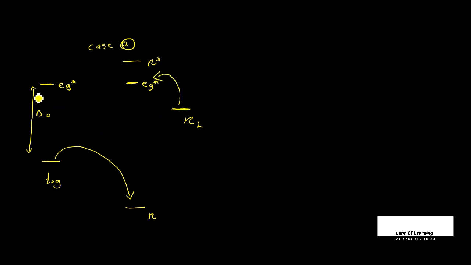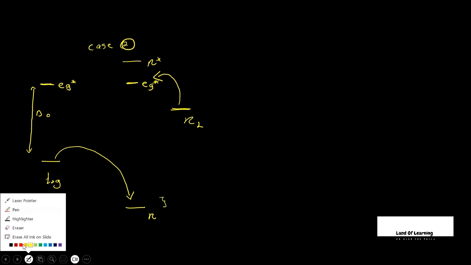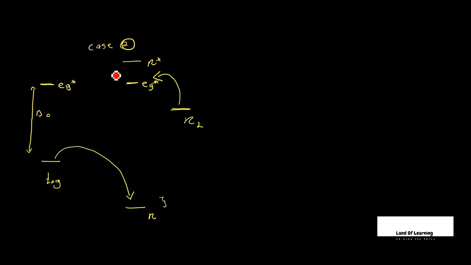So now look at this. The delta O separation is based on the eg star and the metal center's electron density, right? So now here we have our metal center electron density. So the delta O value will be increased. Sorry, not here. This is our delta value. So the delta value is increased.